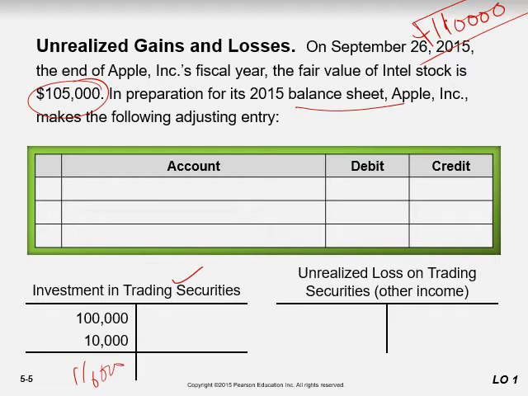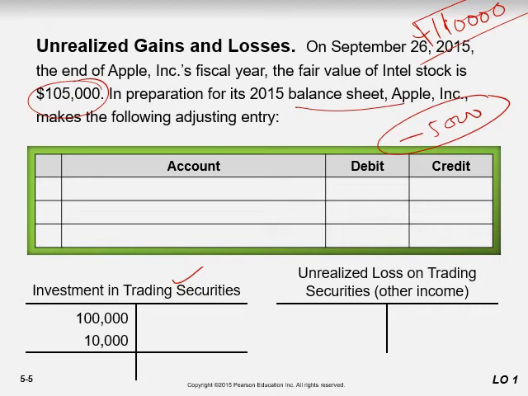But right now the value is 105,000. It means we have a 5,000 loss. And this loss, did we sell it? No. It means we have to record it as unrealized. So the entry would be, we need to decrease the trading securities.